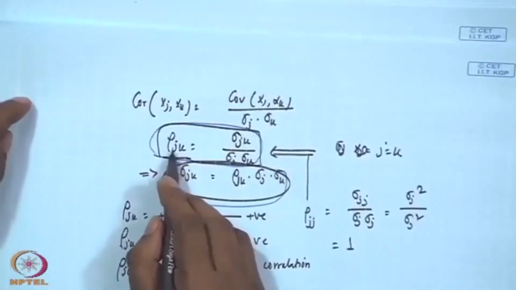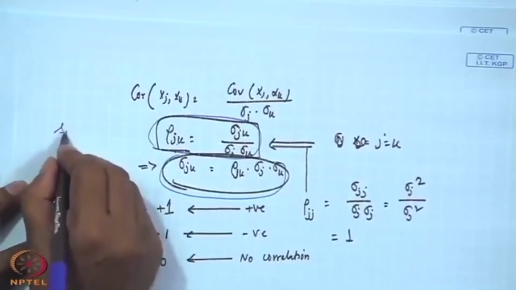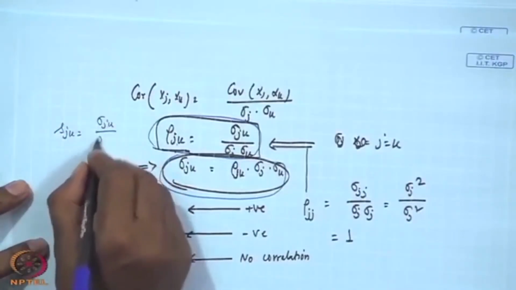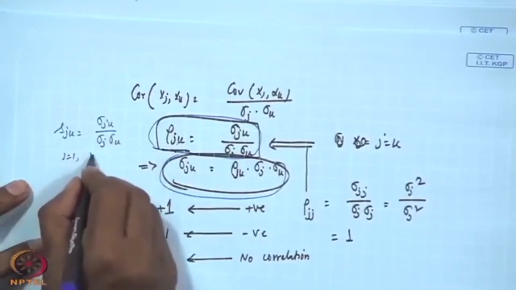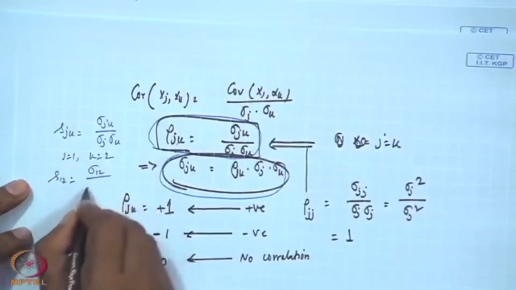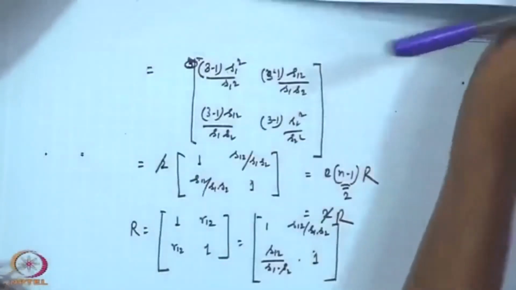Now, instead of rho in the sample domain, what can you write? You can write rho jk equal to sigma jk by sigma j sigma k. Now, if j equal to 1 and k equal to 2, then it is rho 12 equal to sigma 12 by sigma 1 sigma 2. What exactly happened here?